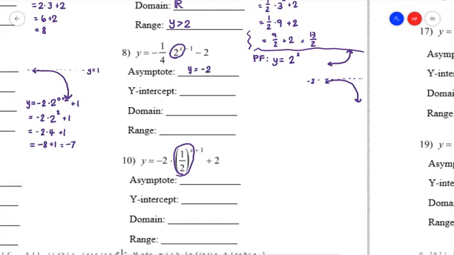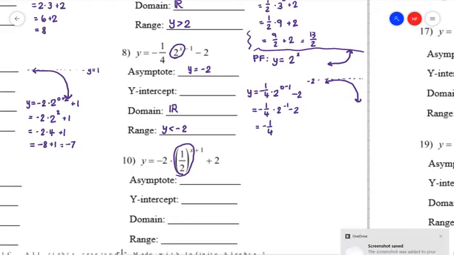I'm facing down, so everything below -2 is in my range. Domain is all real numbers. And my y-intercept: -1/8 minus 2, which is -17/8.